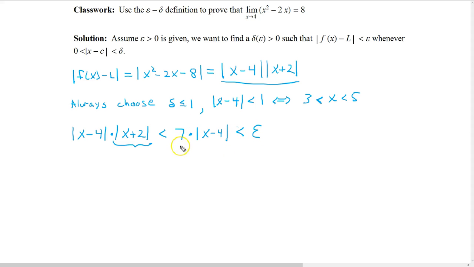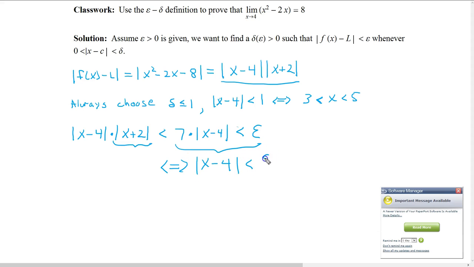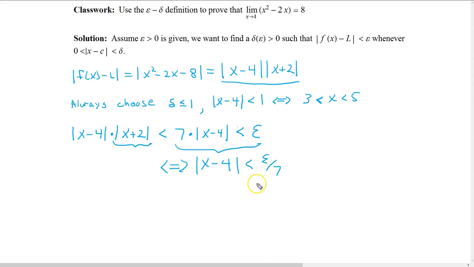Since 7 is a number, we can divide it to the other side, so this is equivalent to saying that |x - 4| is less than epsilon divided by 7. And so now we have our answer.